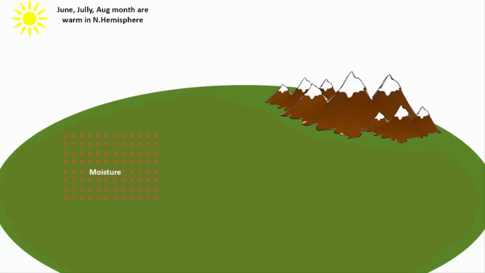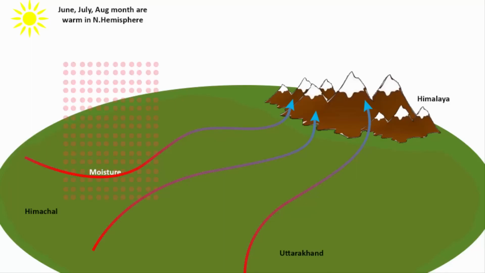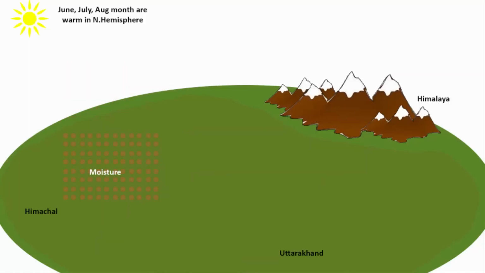Now the moisture carrying air moves towards the Himalayan region where the temperature is comparatively low. When warm air rises, it does not rise in an absolute straight upward pattern, because there are winds that flow horizontally, that means the direction is a little sideways. Now the exact answer for this can be found in the laws of thermodynamics.